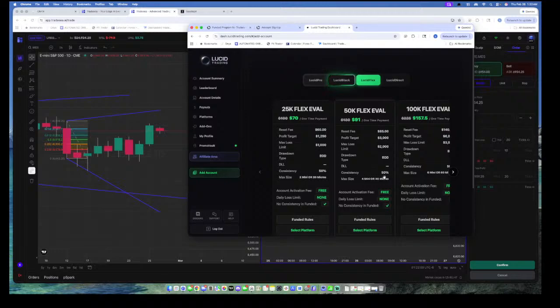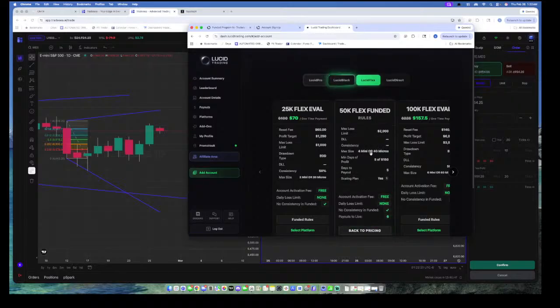There's a 50% consistency in the eval, and you need to make $3,000. Don't lose $2,000. Pretty straightforward. Once you're funded, there is no consistency and no daily loss limit. This is a one-time payment. So $65 basically right now with Blues Trades will get you the Lucid Flex.